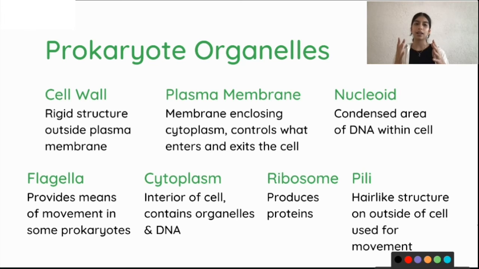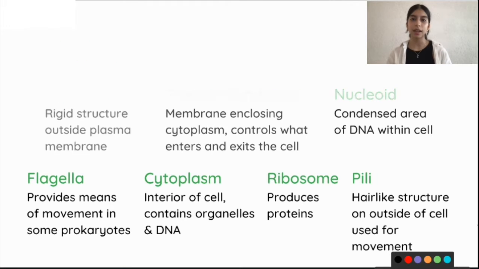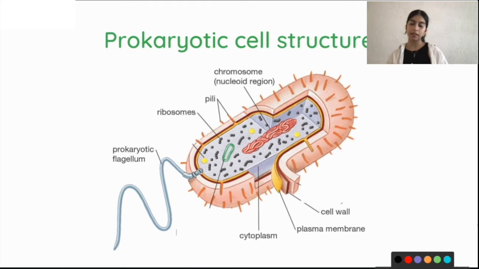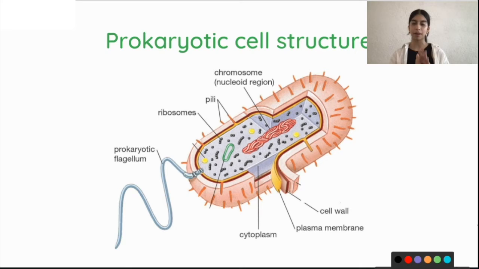The flagella provide a means of movement for the prokaryote. The cytoplasm is the interior of the cell. It contains the organelles and the DNA. The ribosomes produce proteins. And finally, the pili are hair-like structures on the outside of the cell that are used for movement.